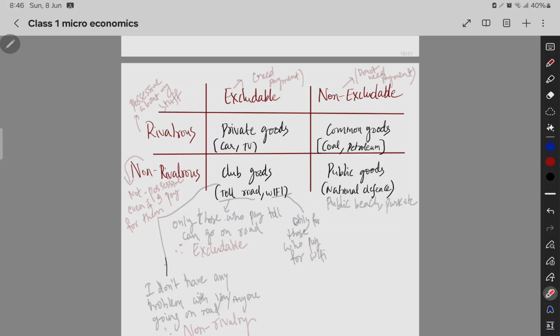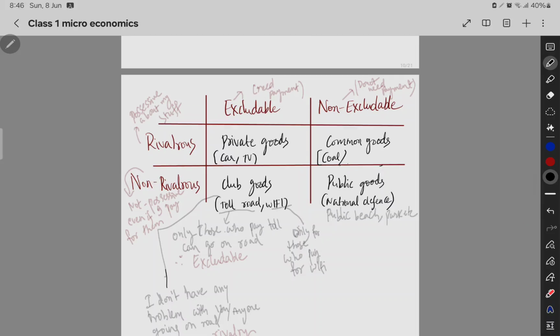What about common goods? Do I need to pay for coal? Petrol I need to buy, so I will exclude petrol, but coal is available, right? I think it does not require payment. So common goods, public goods, whatever they are, which do not require payment, all come under non-excludable. I think you are clear with excludable and non-excludable.